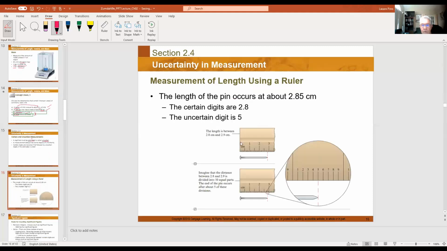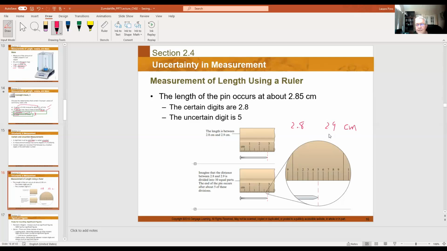For example, if you are measuring this nail and you're using this ruler, you can see that the length is between 2.8 and 2.9 centimeters.